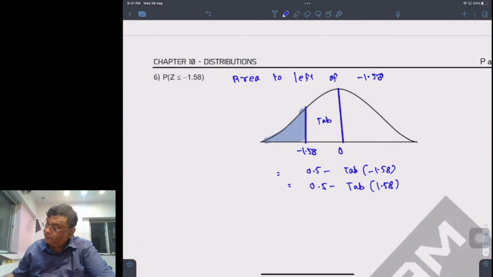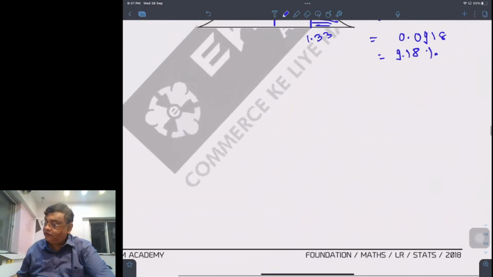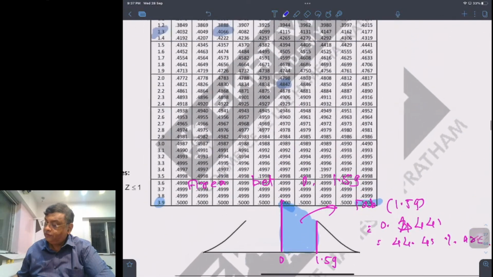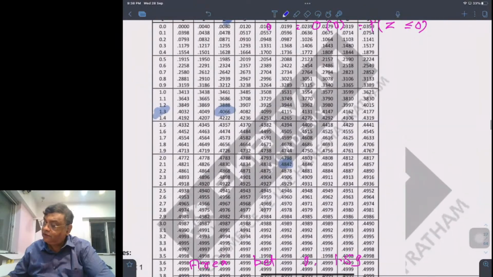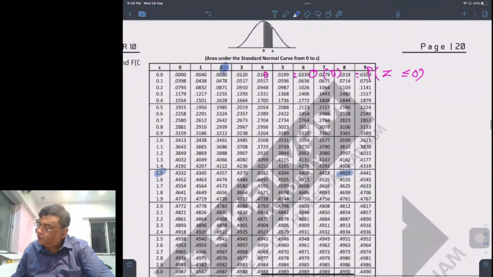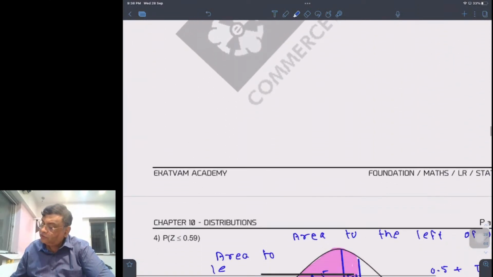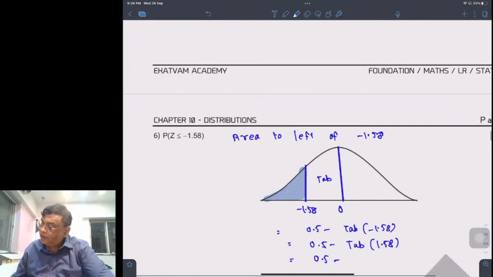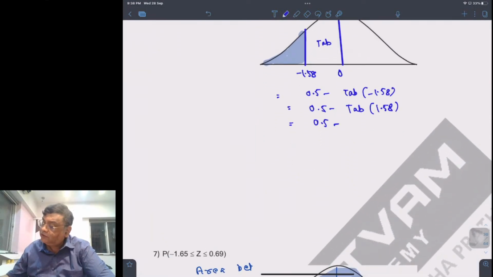Now if this is true, then this is 0.5 minus. अभी 1.58 के लिए टेबल वैल्यू क्या है वो देखो. For 1.58 the table value is what that you have to search for. Now 1.58, which is 1.5, and this is 8. And this will be what? 0.4429. So this is 0.4429. And because this is 0.4429, therefore tell me what is this.